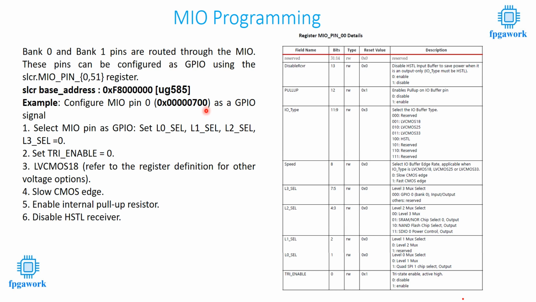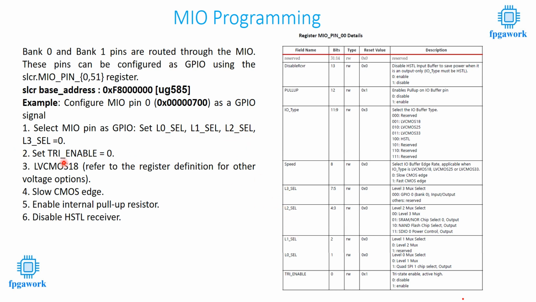So I have given an example here. Let's suppose we want to configure MIO pin 0 as a GPIO signal. GPIO is a low data rate, general purpose IO peripheral. Then we need to use all these 4 levels.